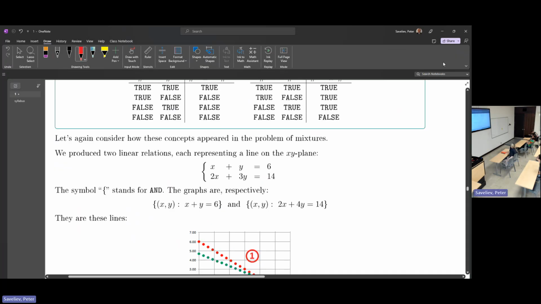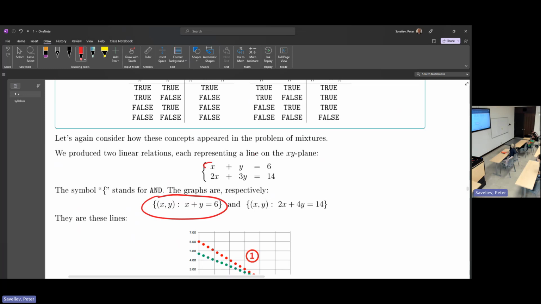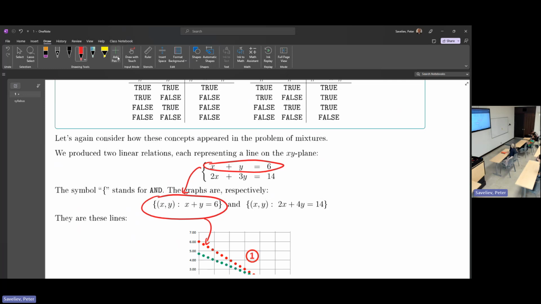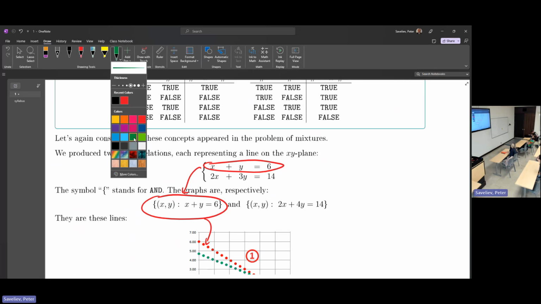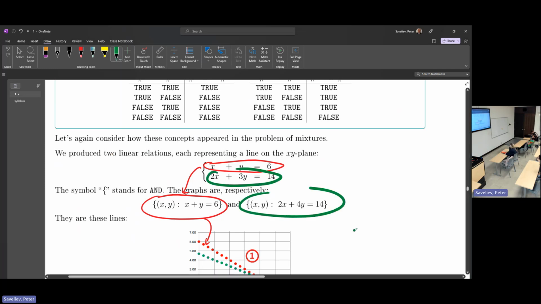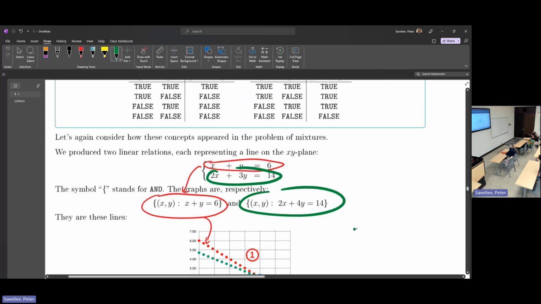The red one gives you the first equation, so the first equation gives you the first solution set, and that's what the solution set looks like. Now the green one: the second equation produces the second solution set, which is plotted here.